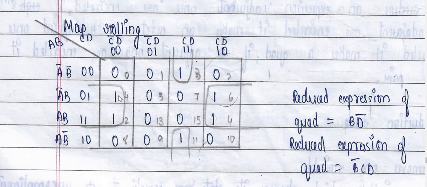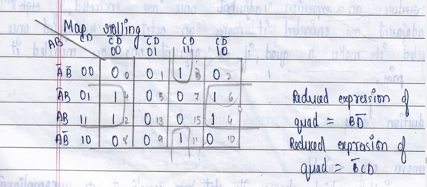At first look, we will say there is no quad because the 4 ones are not adjacent, but there is a quad. If you fold this K-map, the 4, 2 and 6, 4 are adjacent. You just imagine like folding a paper.